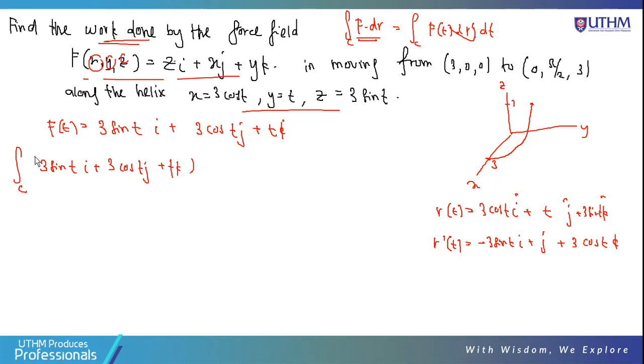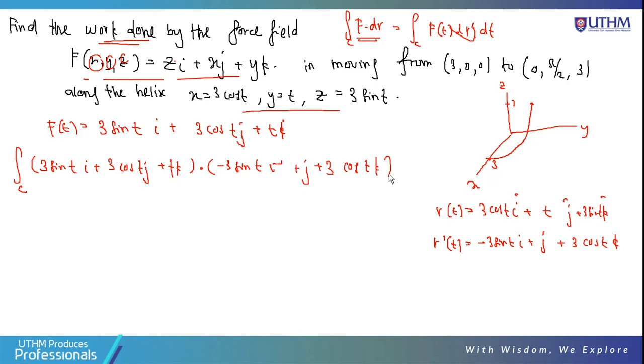So you dot with R prime. R prime is negative 3 sin t i plus j plus 3 cos t k. Okay, you dot with that.